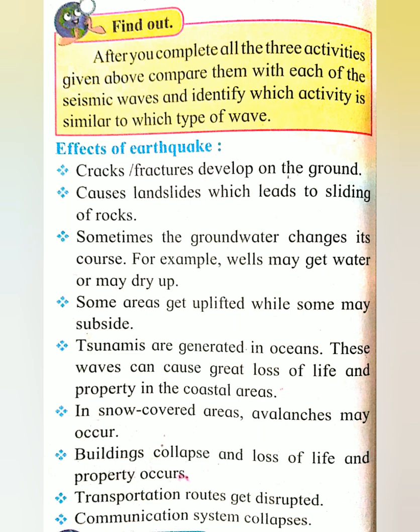These waves are not the normal ones, they are more than normal. These waves can rise up to 20 to 30 feet high, and they can cause great loss of life and property in the coastal areas.